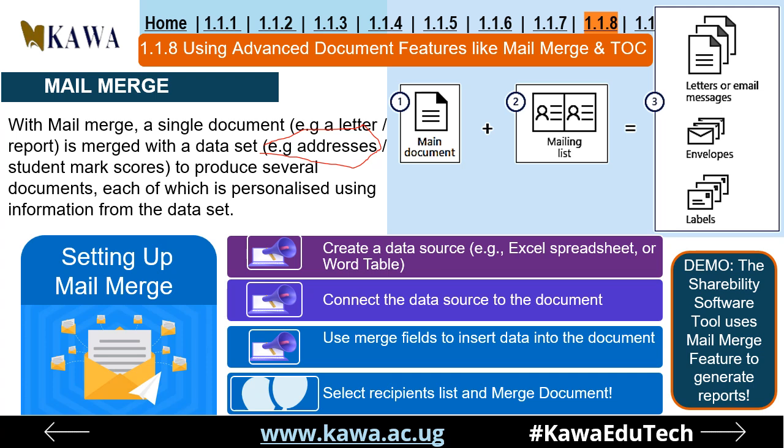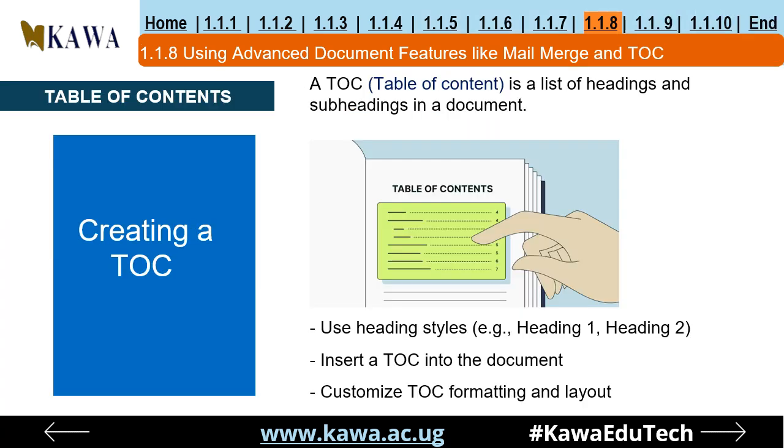Then you'll merge the letter with what you have here. So you have a document here, and then you create a mailing list, and every name will go. Okay, it will go, and you'll be able to receive everything here. For example, my colleagues of Shareability were able to use this tool, and it works well. So we can do a lot more with mail merge.